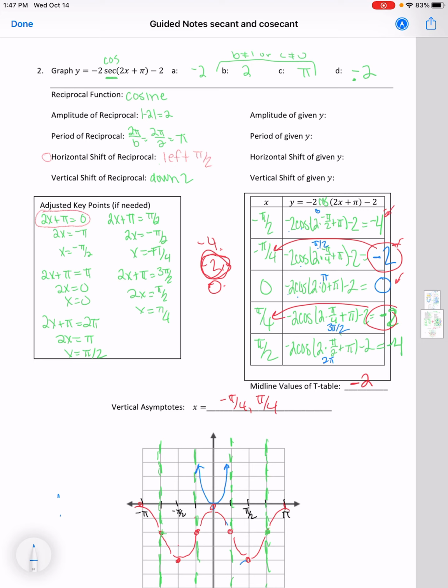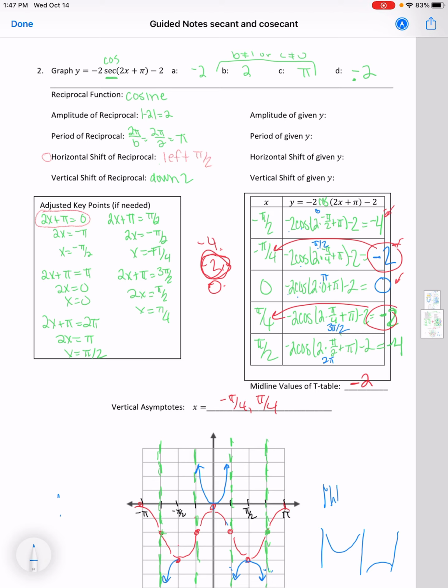The width of your parabolas, how wide do I make these things? Well, it's dependent on your vertical asymptotes. If they're really close, your parabola is going to be really narrow. If they're really far apart, those parabolas are going to be really wide. So your width of your parabolas are dependent on that value.